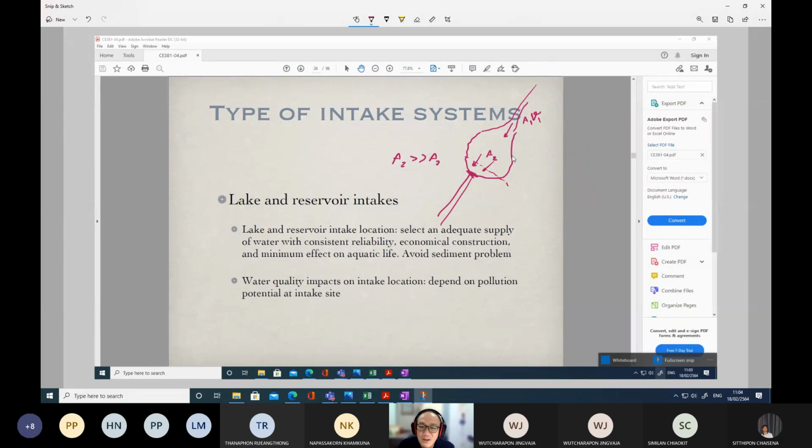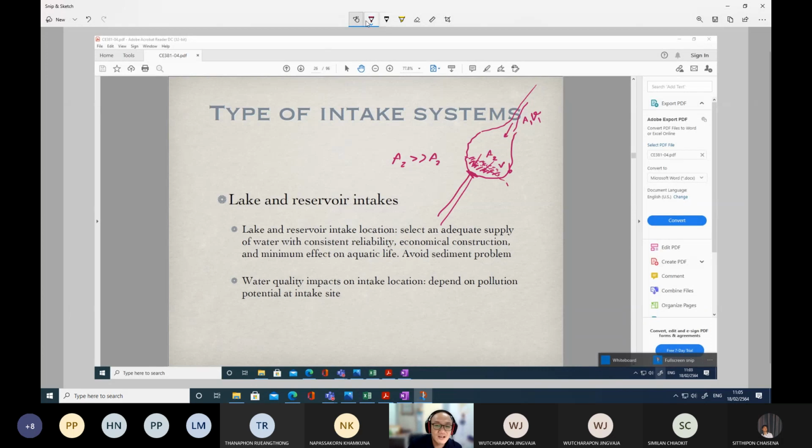So what will happen once the water reaches the reservoir? The velocities here will drop significantly. If the velocities drop significantly, there's a chance for the suspended solids or the sediments to accumulate here. So there will be a lot of suspended particles or sediments accumulated in front of the reservoir.